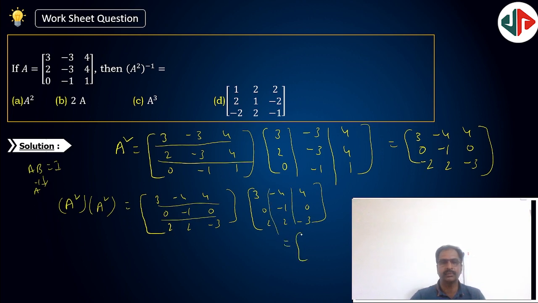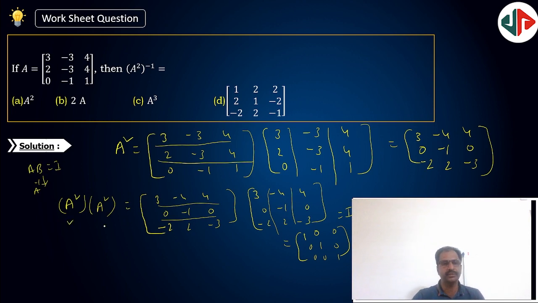If you multiply these two, then you will get, sorry, this is minus 2. 9 minus 8, 1 you will get. Here you will get 0, 0, 0, 1, 0, 0, which means you will get I. So as per the definition of inverse, if A into B is I, B is known as A inverse.